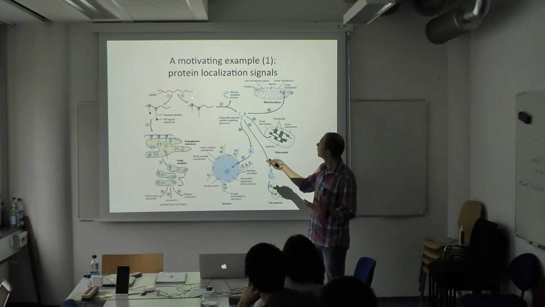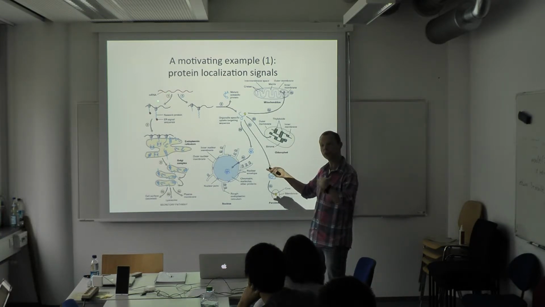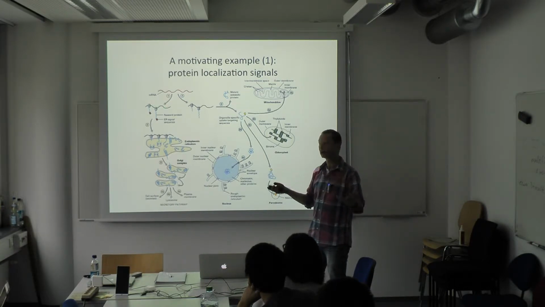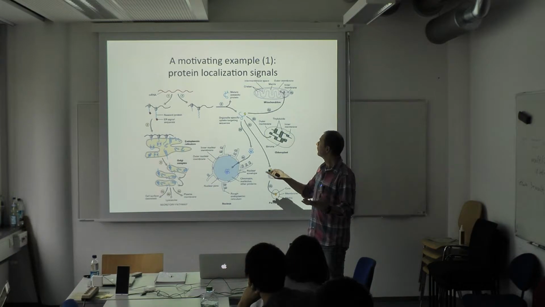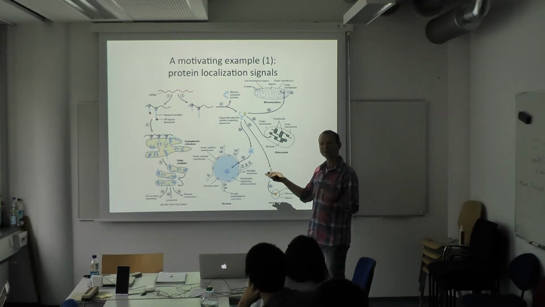So we start off with a messenger RNA that is being translated into a protein sequence. It does so on ribosomes. In this case, there is a so-called signal peptide at the N-terminus.